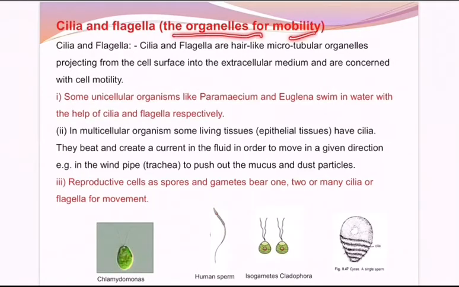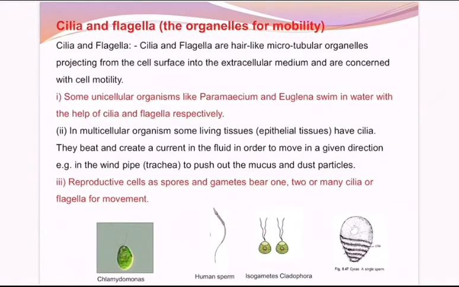So cilia and flagella are organelles for mobility, movement. Unicellular organisms like paramecium and Chlamydomonas, where you can see the flagella, use them for movement. Cilia and flagella too have a peculiar arrangement.